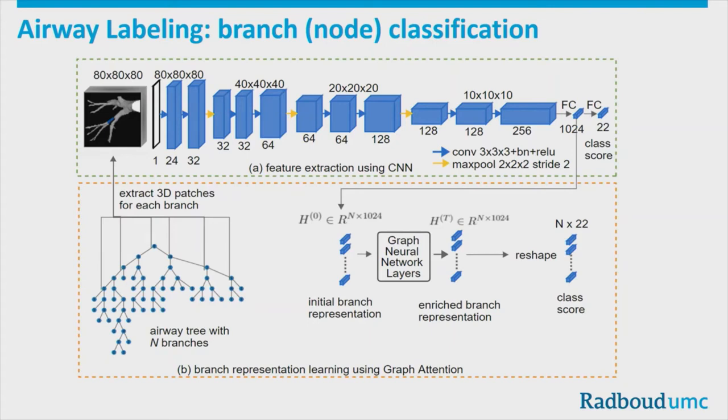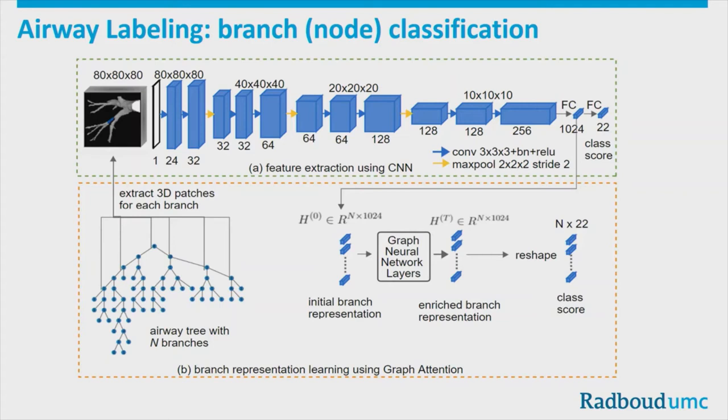First, we need to extract the node features, right? In the previous example, in the node classification, the input to the graph network is the node features. So we use a convolutional network to extract the features for each branch, and then these features will be used as input to the graph neural network to predict the probability of a branch belonging to one of the 22 classes.